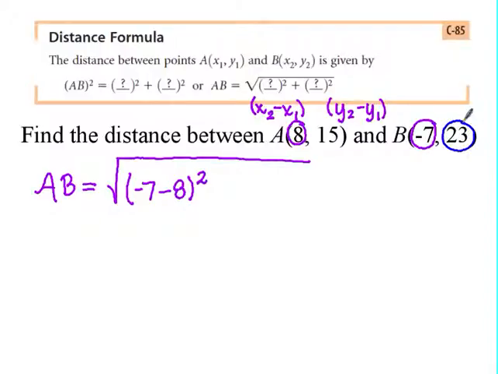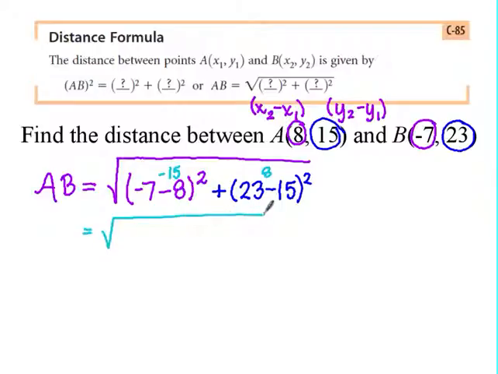So I'm going to take 23 minus 15. So instead of having to plot them out, I can just do this. Let's go ahead and calculate. Here I get negative 15. Here I get 8. So I end up having the square root of negative 15 squared, which is actually 225.